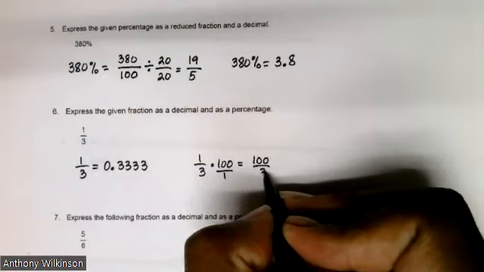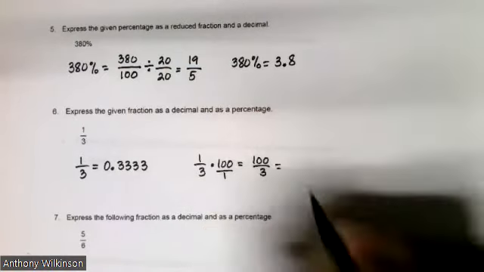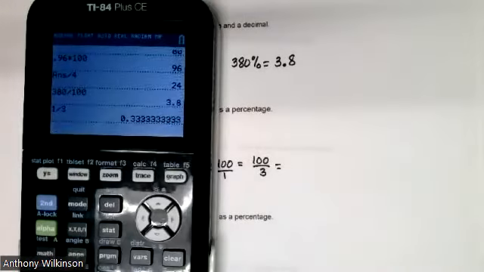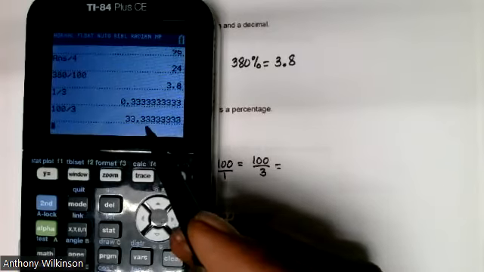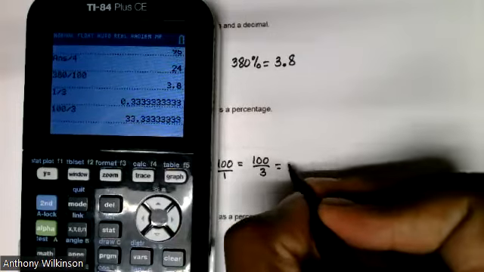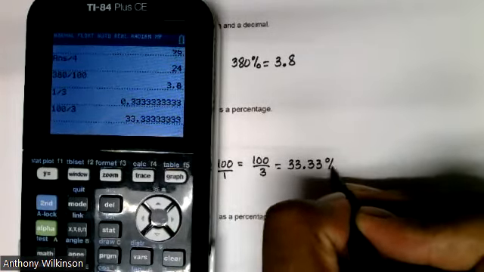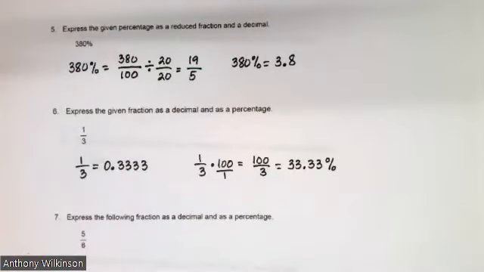That would be 100 over 3. And 100 over 3 to 2 decimal places would be 33.33, and we include the percent sign. 33.33%.